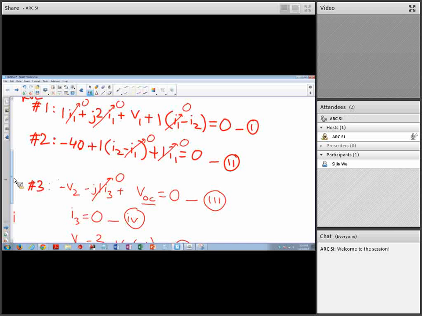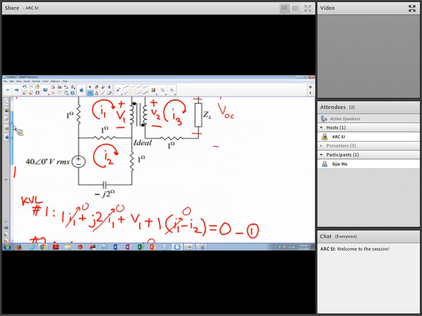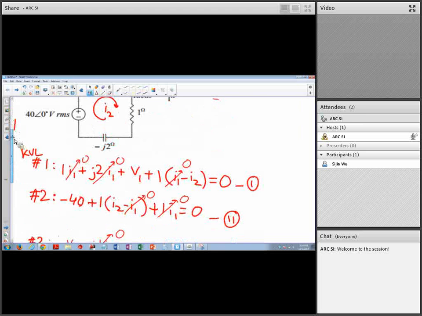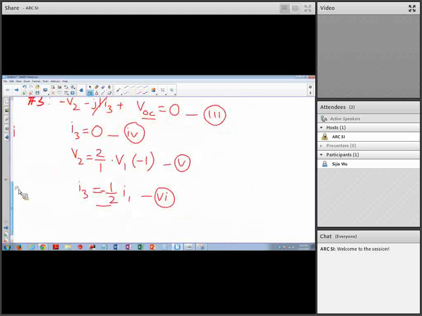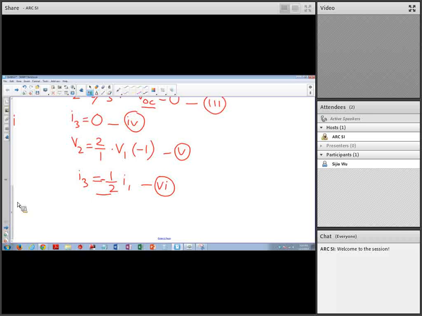I2 is equal to 40. I2 is 40, so V1 is 40. V2 would be negative 2 times 40, so minus 80. Make sense? Try it and see if that's what comes out to be.